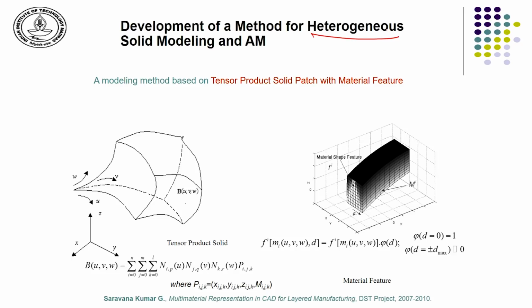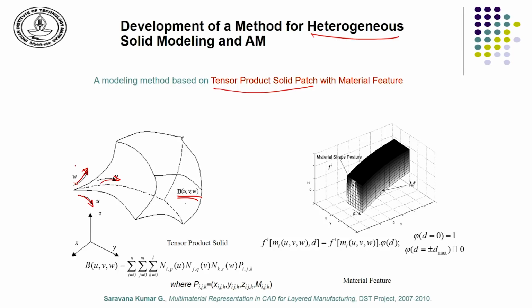To represent a volume, one can go with several different approaches. One of the approaches is to use a tensor product solid patch, where we represent a solid as a trivariate entity, that is, which varies with parameters u, v and w.